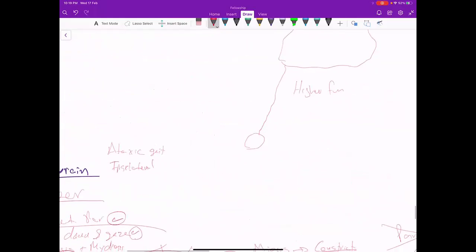Now, just like the lower motor neuron or the ventral horn of the spinal cord, the red nucleus is always active and it flexes the body. The higher orders, they inhibit the red nucleus from firing.